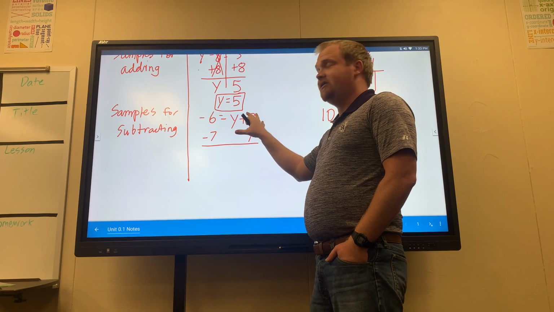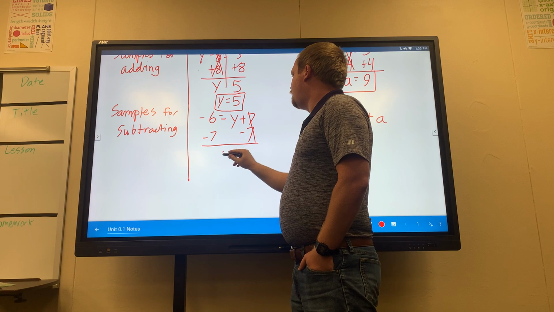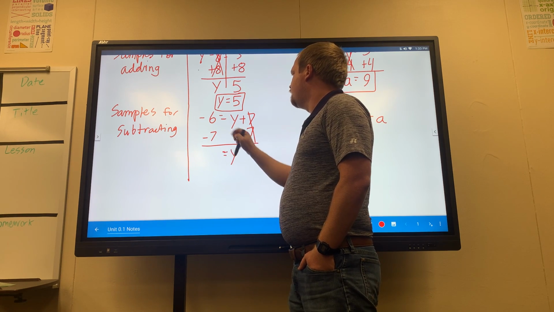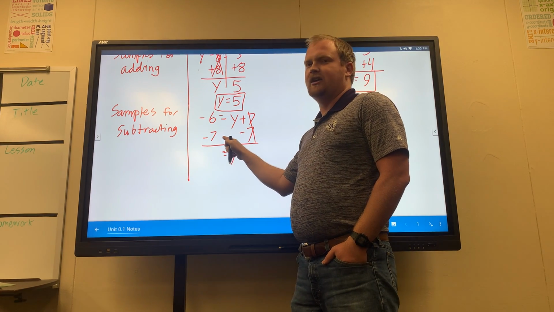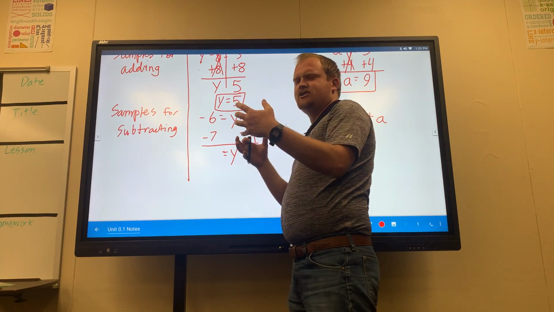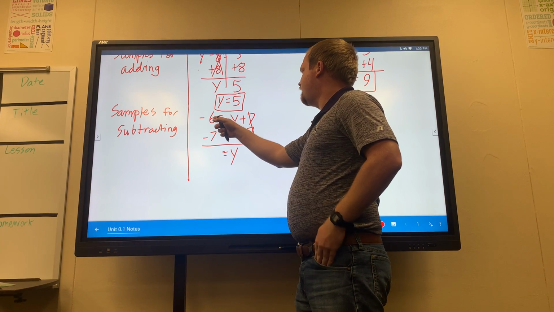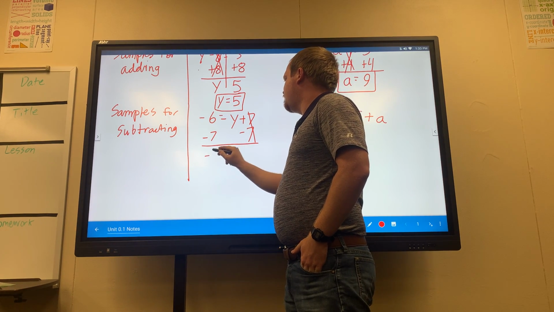So when I'm subtracting 7 from both sides, this cancels out. So I have y on the right side. Negative 6 minus 7. Since I have two negatives here, they're basically adding each other up, making a bigger negative. So negative 6 minus 7 gives me negative 13.